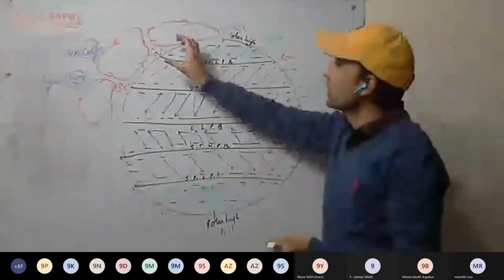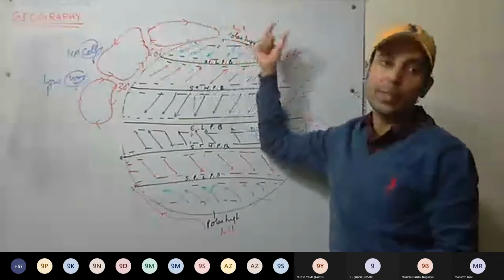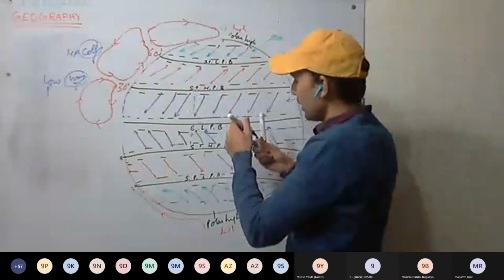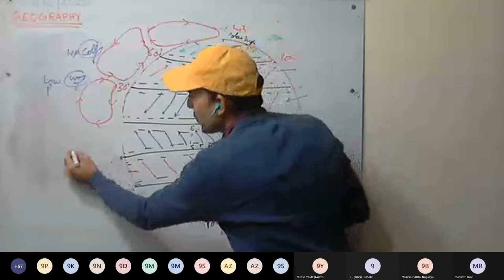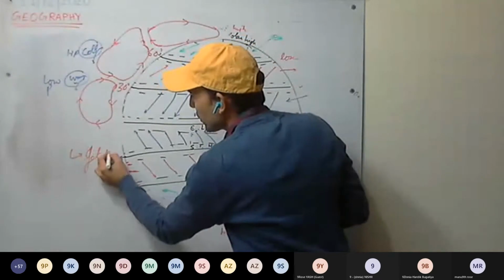These narrow jet streams have high turbulence as well, and huge speed. These winds are flowing at high speed. So for example, we make use of jet streams in aviation, when jet planes fly.